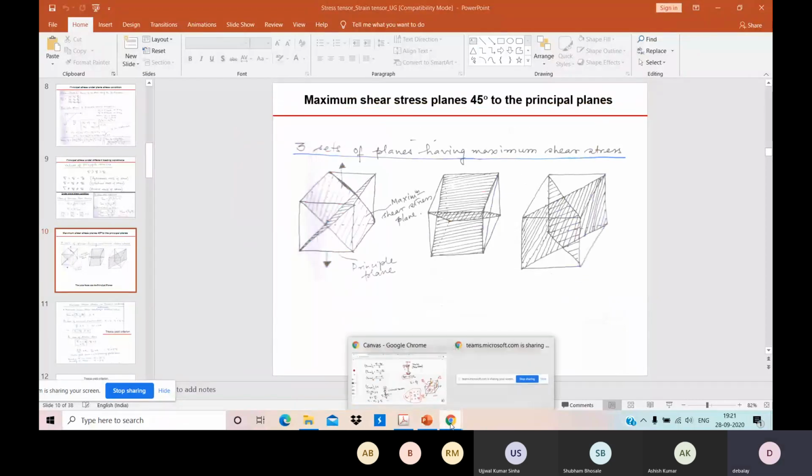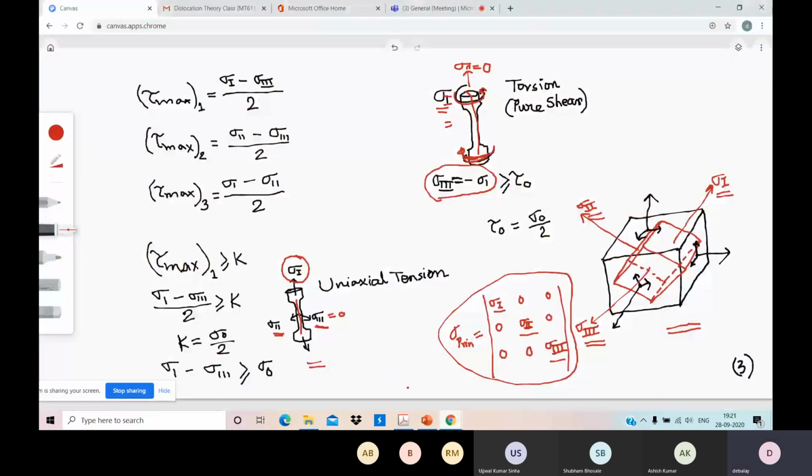Why am I saying all these things? Because come back to the canvas screen. What I understand is, if I consider these principal stress components, these 45 degree lines will be my two sets of maximum shear planes.